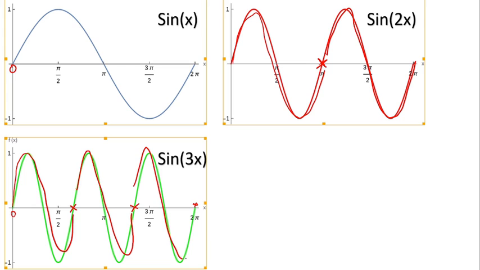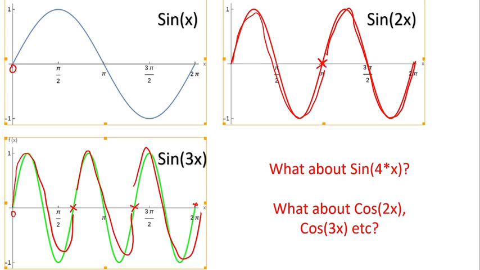Now you'll be able to generalize what is the meaning of sin 4x, sin 5x, etc. That I leave as homework for you. Exactly in the same way, you should try to plot cos x, cos 2x, cos 3x, cos 4x, etc. and then see what happens.